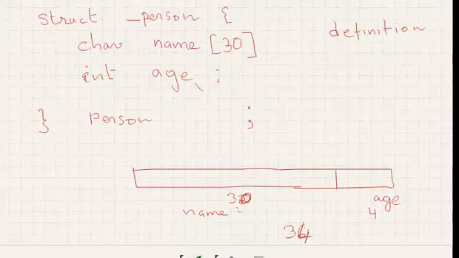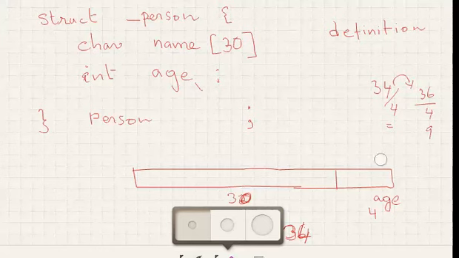But in some compilers, you'll make it 36, because they don't want 30 plus 4, which is not divisible by 4. 34 by 4 is not divisible. So they bump it up by 2 more bytes, which becomes 36, and 36 by 4 is 9. So that's something you have to consider.